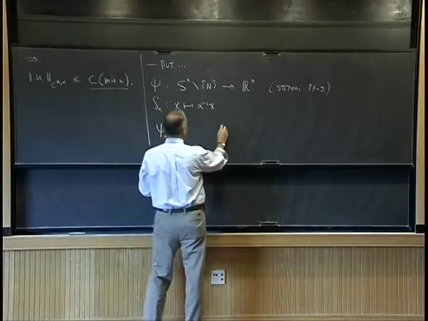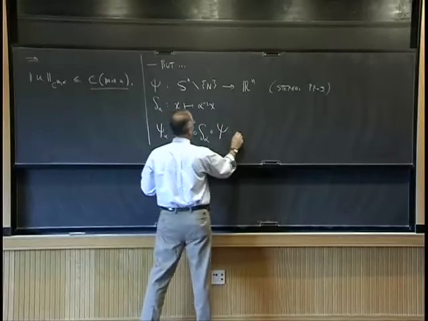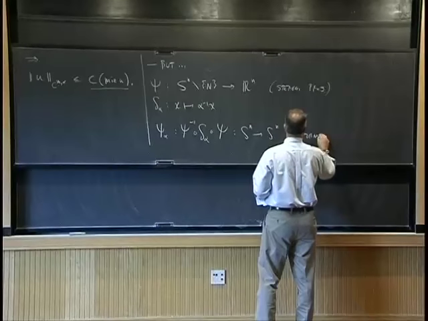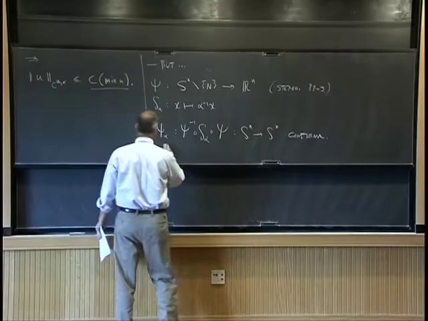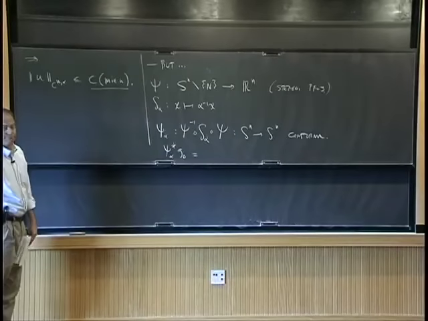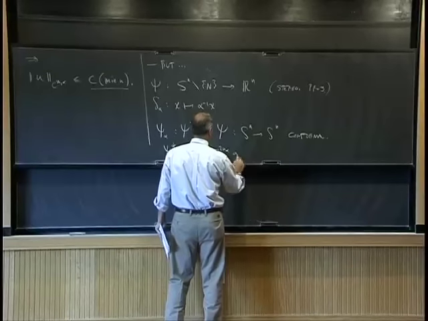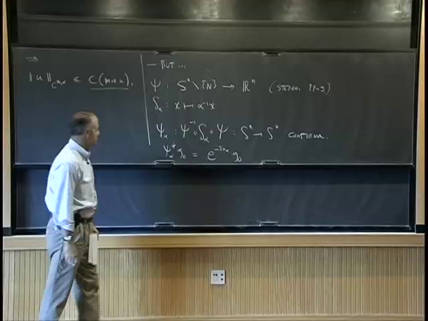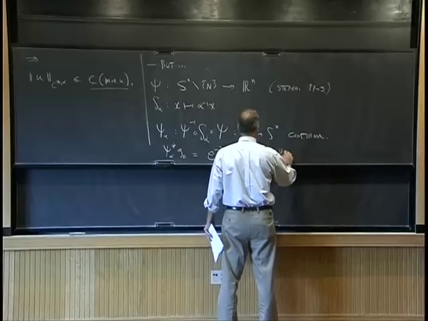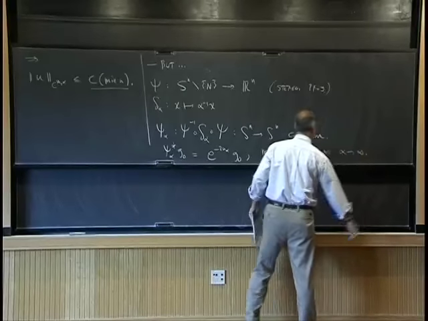So you do projection, you dilate, and then you project back. This extends to a map of the entire sphere, which is conformal. And then, since it's conformal, if you pull back the round metric on the sphere, you get a metric which is conformal to the round metric. And moreover, this is the key point, the minimum will go to minus infinity as alpha goes to infinity.